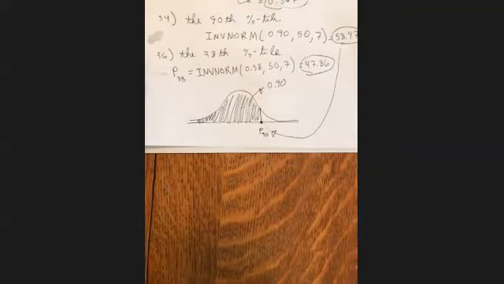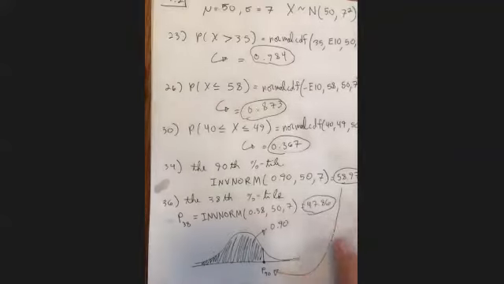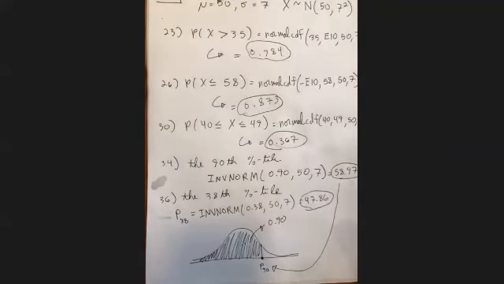Okay, so there's obviously a lot more to these sections. There are word problems where you need to be able to translate the information given into the proper information so that you can use the calculator and these functions to compute the probabilities and so forth. That sort of thing you just have to practice. There's no amount of me going over all those problems that's ever going to make it click for you.